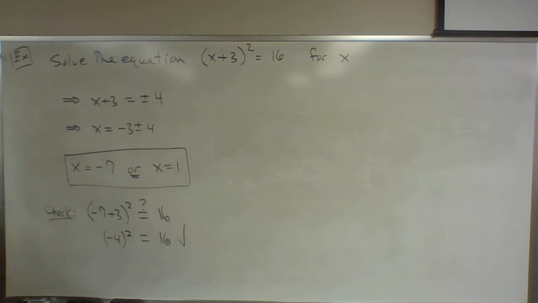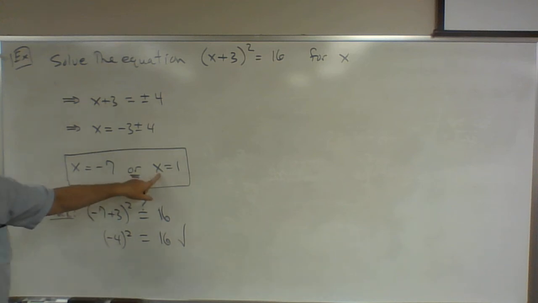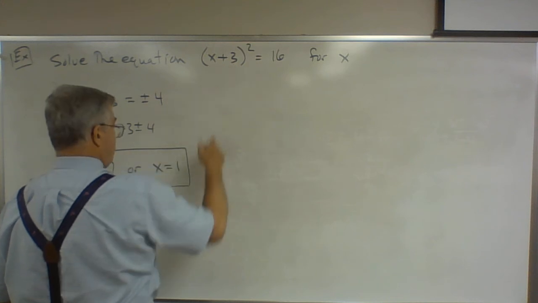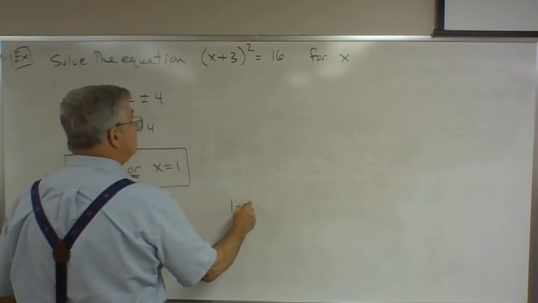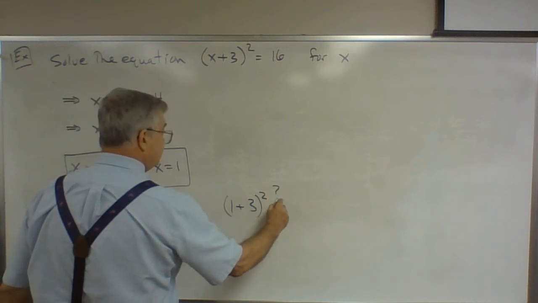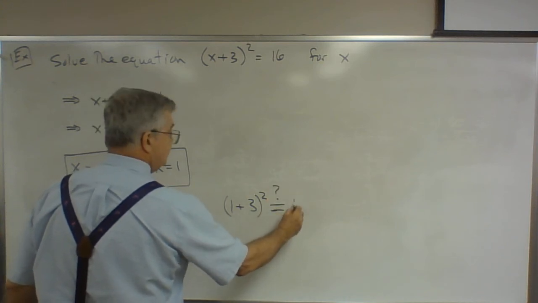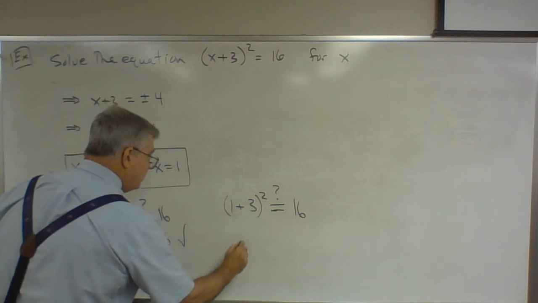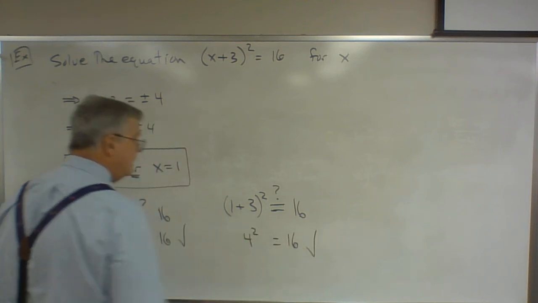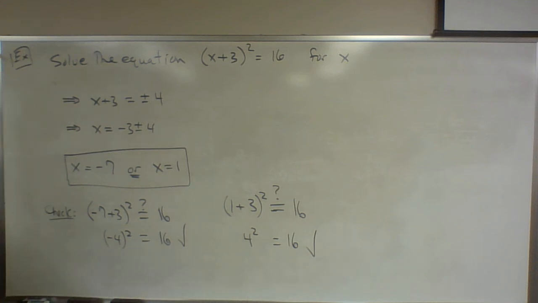Yep, that works. Now let's try x equals 1. 1 plus 3 squared equals 16. 1 plus 3 is 4 squared equals 16. Yep, it works. Okay, so we did that right.